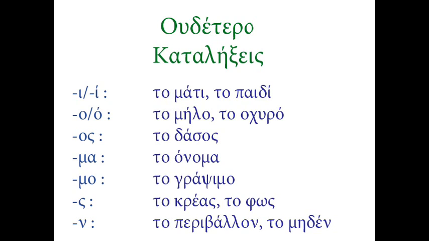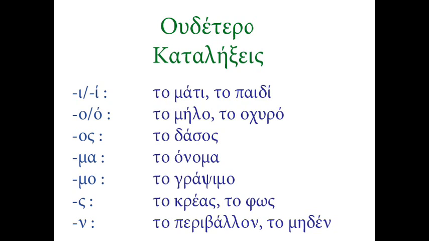We have the neuter nouns that end in -μα. For example, το όνομα, which means the name, very useful word. The neuter nouns that end in -μο, for example, το γράψιμο, which means the writing. And we have the neuter nouns that end in sigma, of course it's pronounced s, το κρέας, which means the meat, and το φως, which means the light.